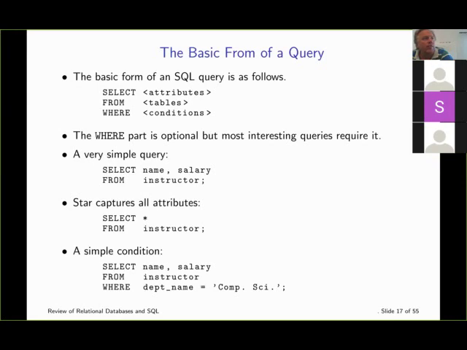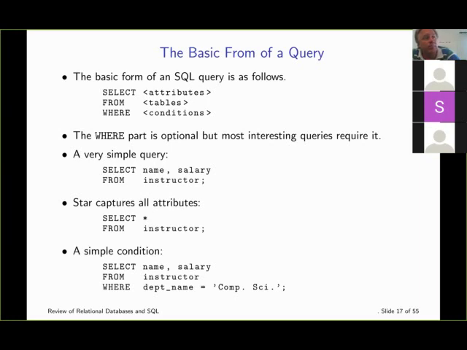Now, the data manipulation side of SQL, where we're actually getting results from the database. An SQL select query is a read query, and it follows the form of select a set of attributes, from a set of tables, where conditions. So this is the basic template of an SQL query.